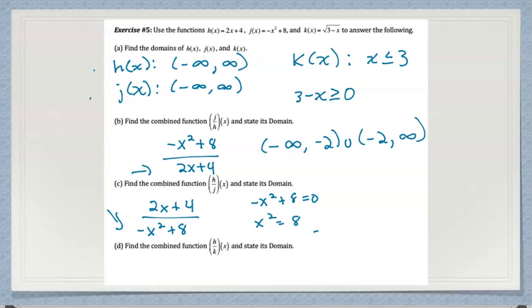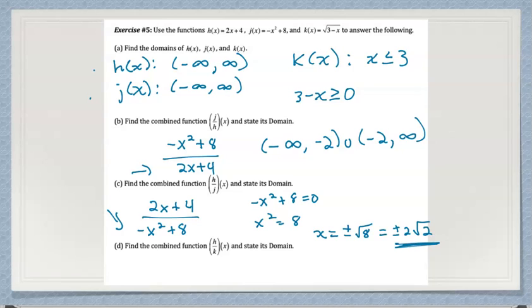So x equals plus or minus the square root of 8, which simplifies to 2 times the square root of 2. These two values, plus or minus 2 root 2, are the values that make the denominator 0.